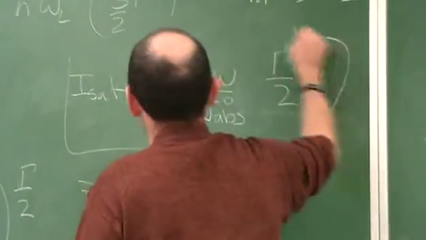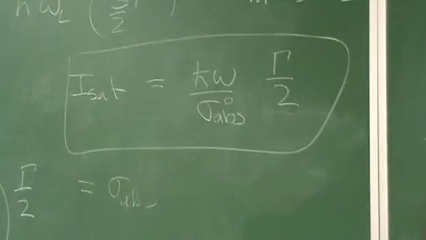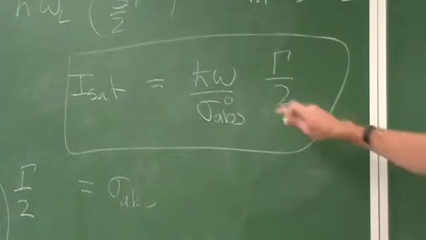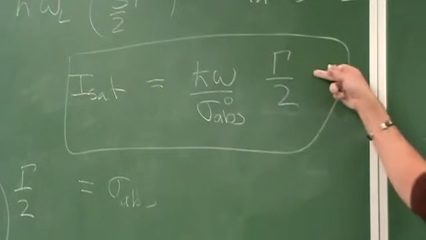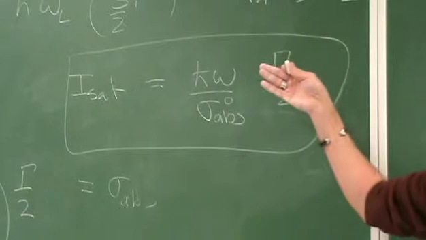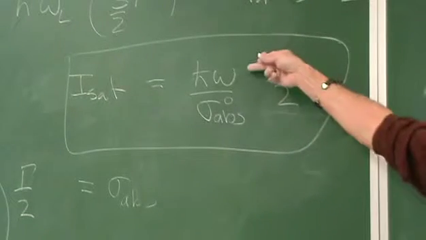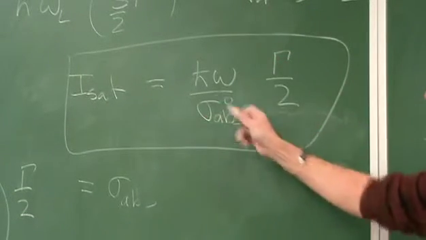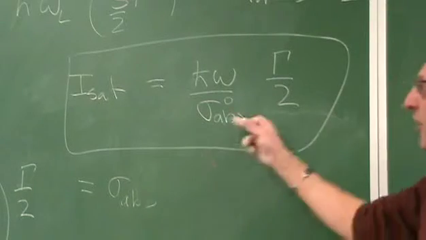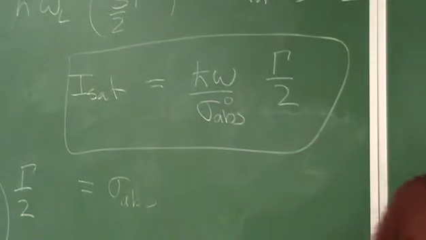This is the familiar expression to me for the saturation intensity. Not that other one with the 6 pi's and all that, I don't know what that is. But I know what this is, because this is energy per unit area times the rate, which is an intensity. So I plug in my absorption cross-section, and this gives me the saturation intensity.